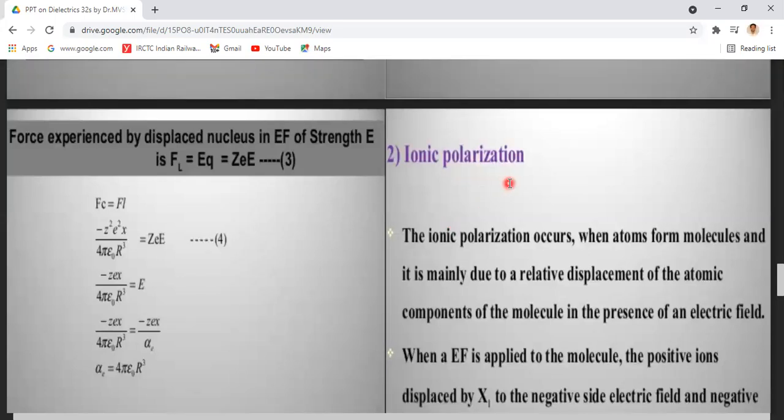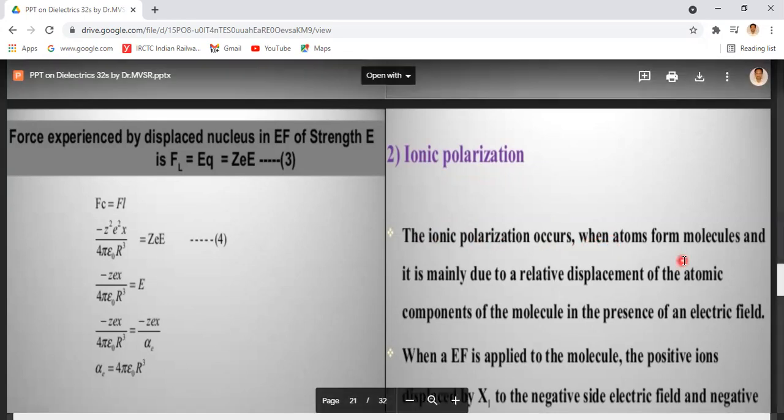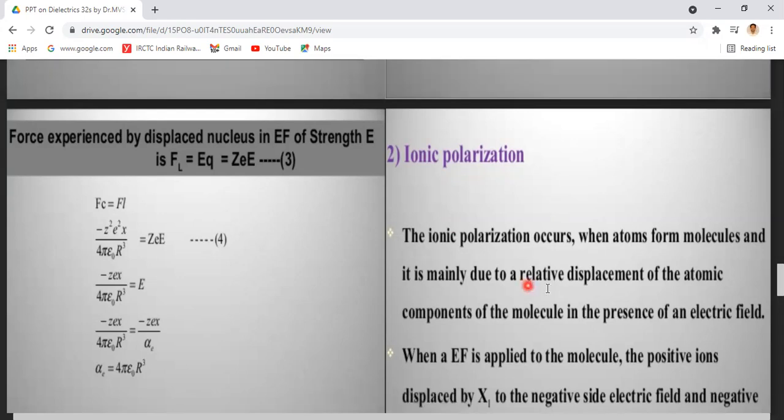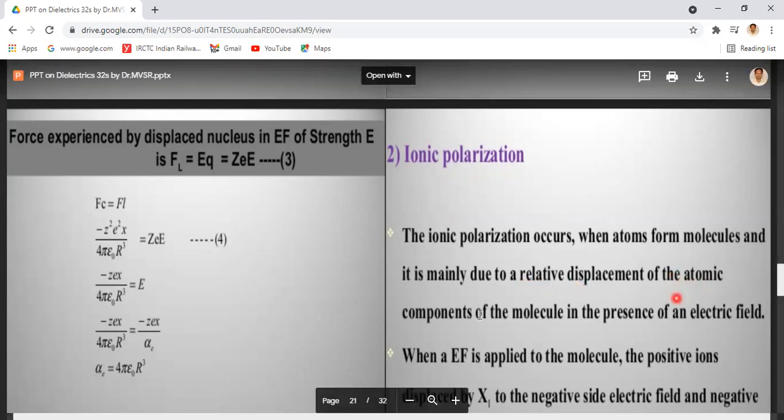Here, consider a molecule HCl, which consists of H plus and Cl minus ions. Ionic polarization occurs when atoms form molecules, and it is mainly due to a relative displacement of the atomic components of the molecule in the presence of an electric field.